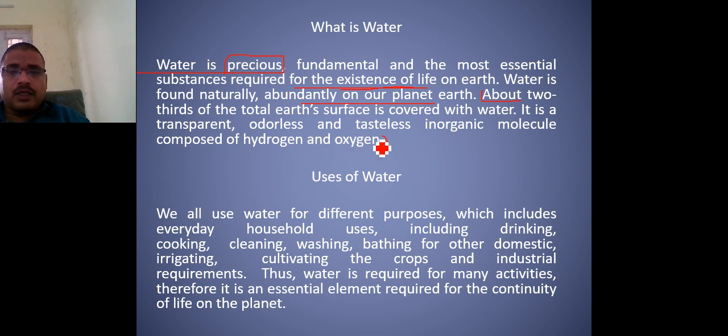If somebody asks how water is made up, you can answer that it is made up of hydrogen and oxygen. And what is its nature? The nature of water is basically transparent and odorless.